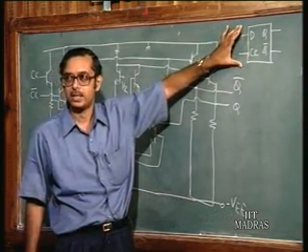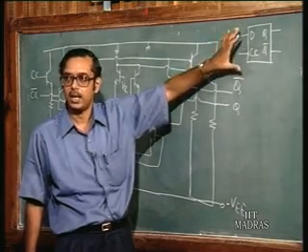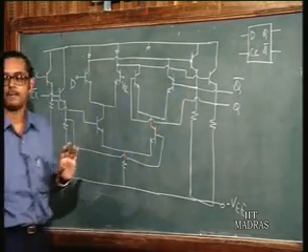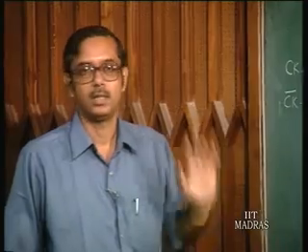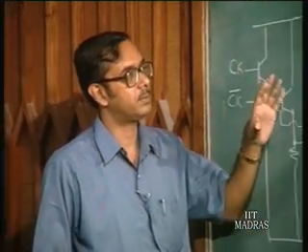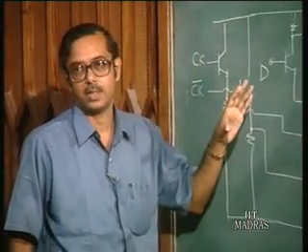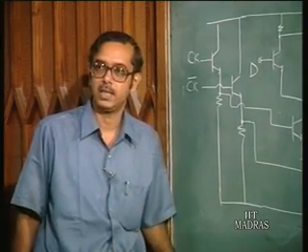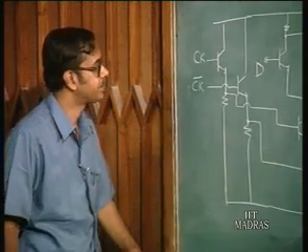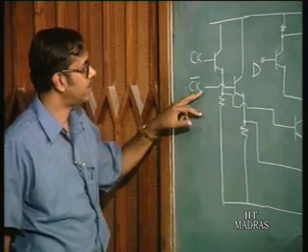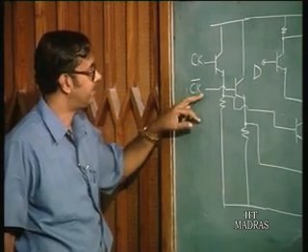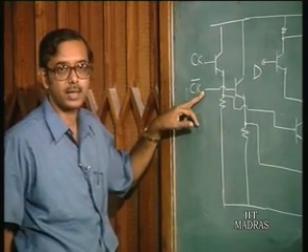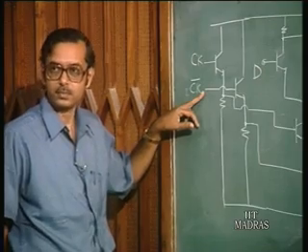It is not an edge triggered or a master slave. We shall see how you can make a master slave, okay, but this is a simple level triggered D flip flop, that is when the clock level is high, it is going to pass on whatever is the D input to the output, okay. Now, here of course, there is a slight modification in that we require both the clock and the clock bar inputs, okay.